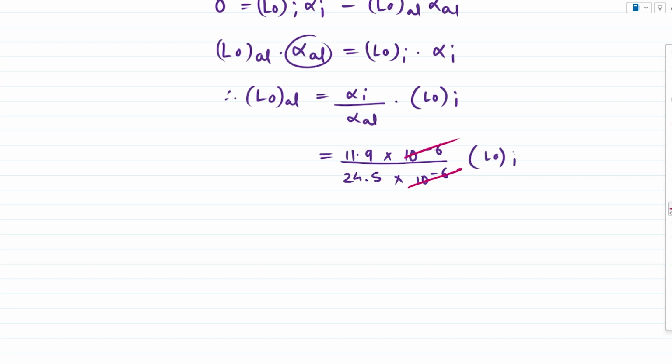And if we solve this further, 11.9 upon 24.5 can be written as 17 upon 35 times the length of iron rod at 0 degrees Celsius. So our length of aluminium rod at 0 degrees Celsius is 17 upon 35 times L₀ of I.